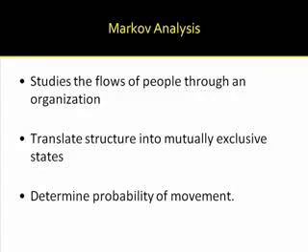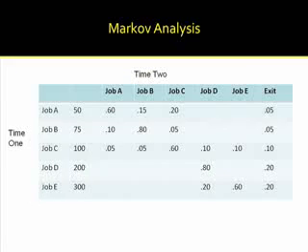The percentages in the body of the matrix represent the probability of movement from one state to the other between two time periods. Here is a simple Markov matrix. This is sometimes also called a transition probability matrix. Let's use it to show how this technique can be used.